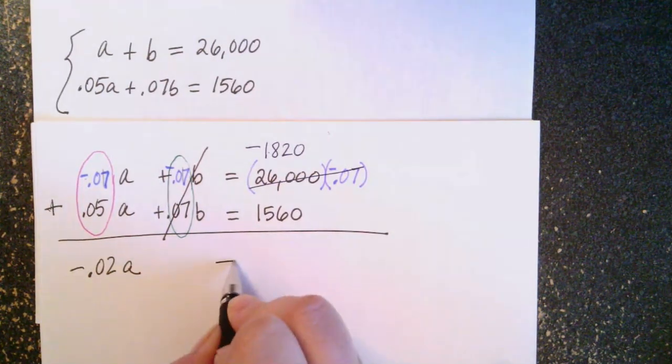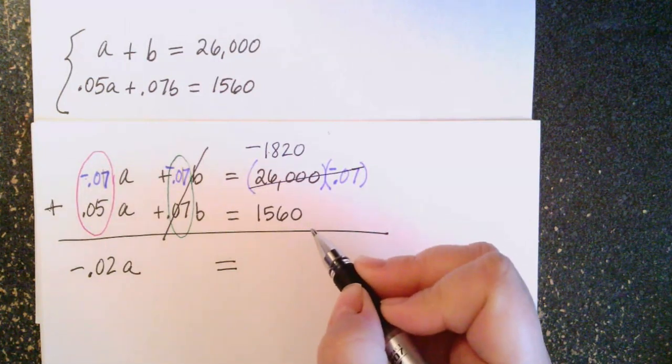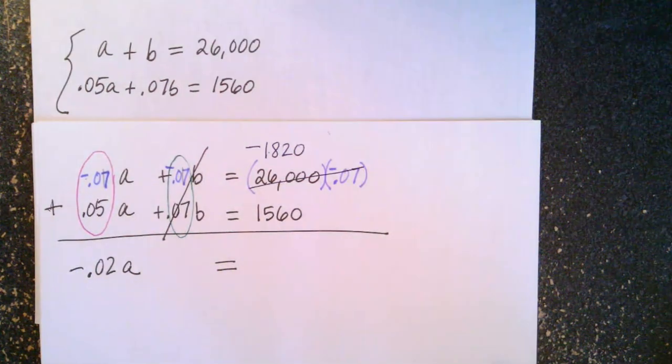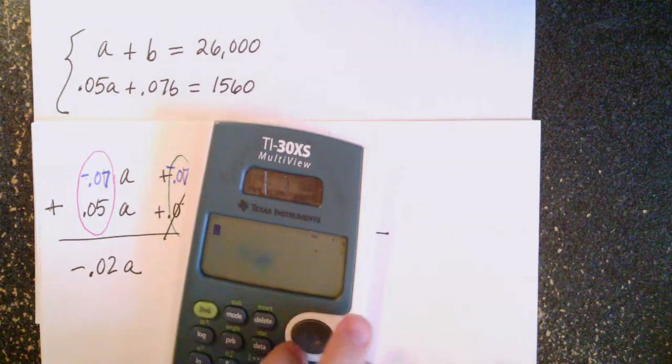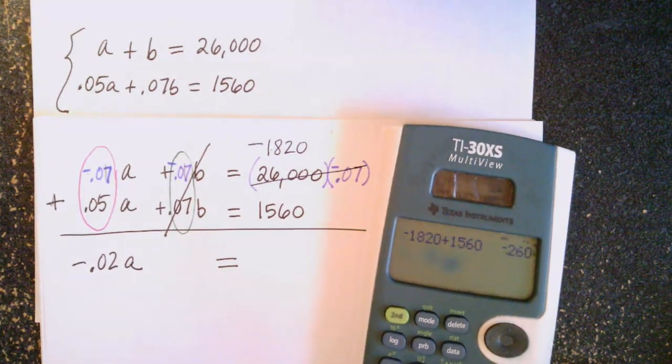And over here on the other side of the equal sign, I am adding negative 1,820 plus 1,560. That should give me negative 260, I think. But the other day I did a problem like this and I made an arithmetic mistake, so I'm a little paranoid right now. Because it sure does make a mess if you do. So let me just make sure that I'm not making a video with a bad number.